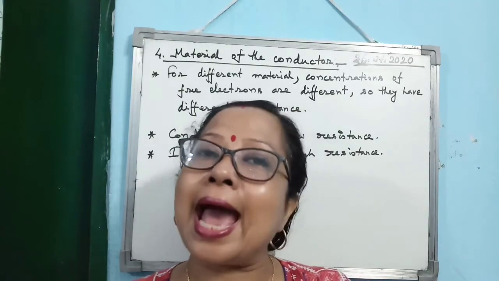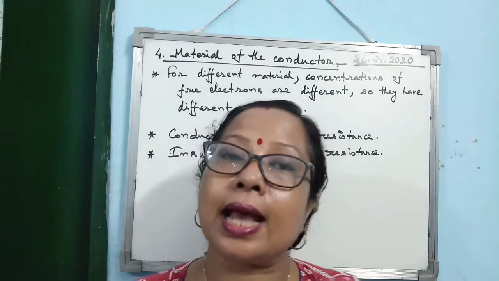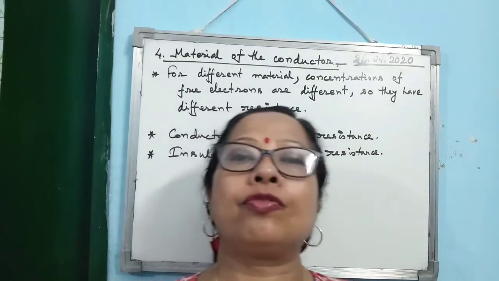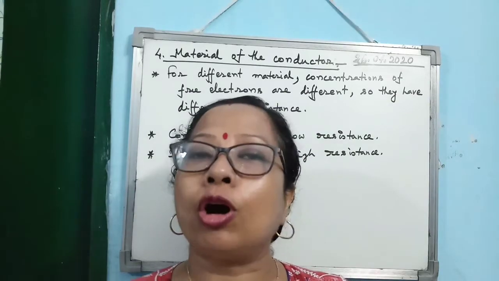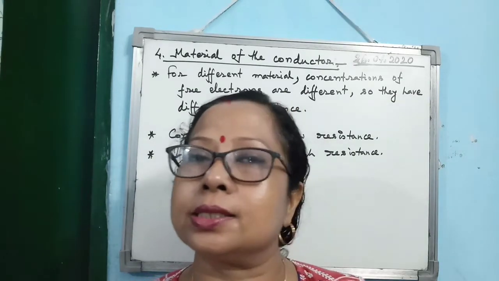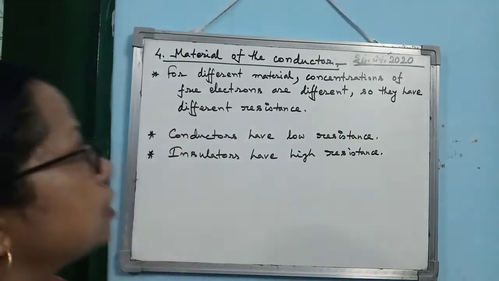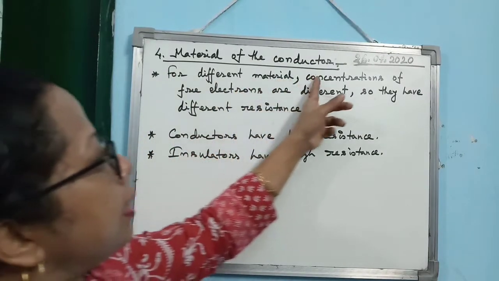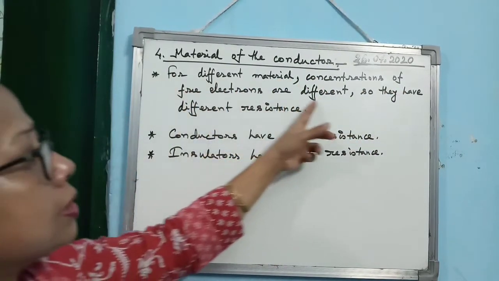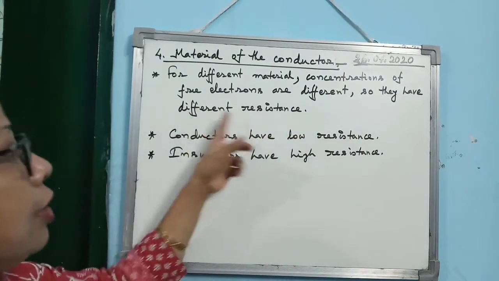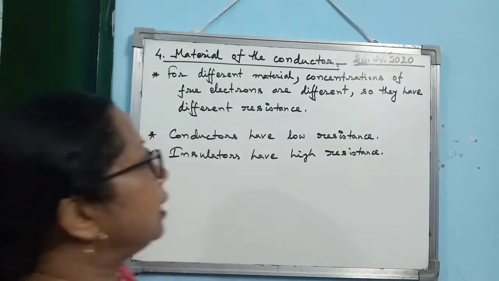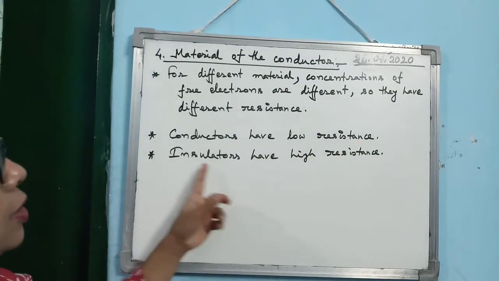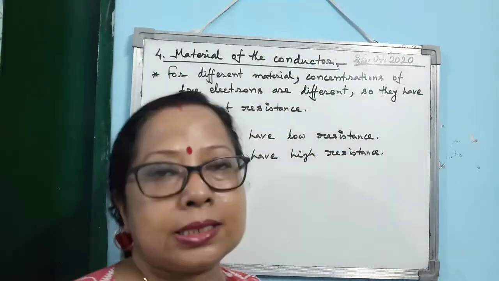As different materials have different concentrations of electrons, they offer different resistances. Conductors generally have low resistance and insulators generally have high resistance.